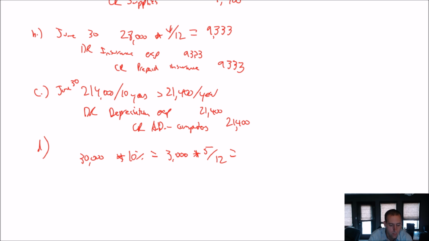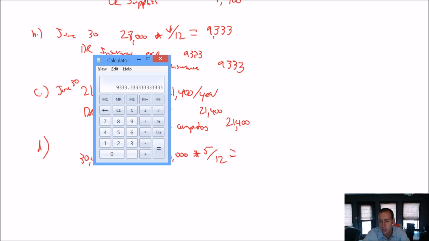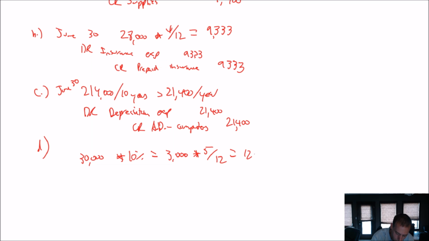We want to know what 5/12ths of that amount is, and it's $1,250. That's the amount of interest that's built up that hasn't been paid. That's the accrued interest. This is an accrued expense. Debit interest expense, credit interest payable for $1,250.